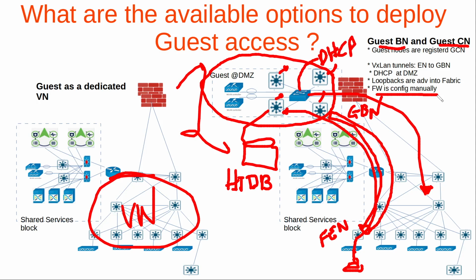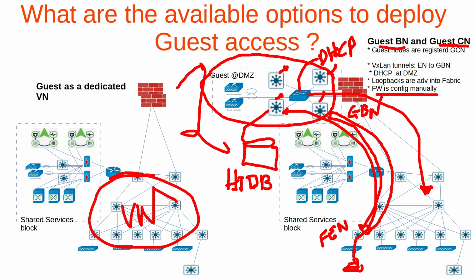So in this case, you can notice that you are actually separating all of your guest traffic physically with the second option, whereas in the first option, you are not expending more money or more resources in order to have a guest access within your enterprise network.